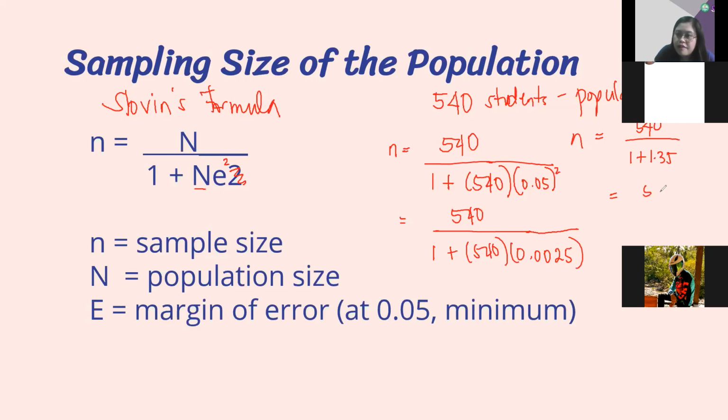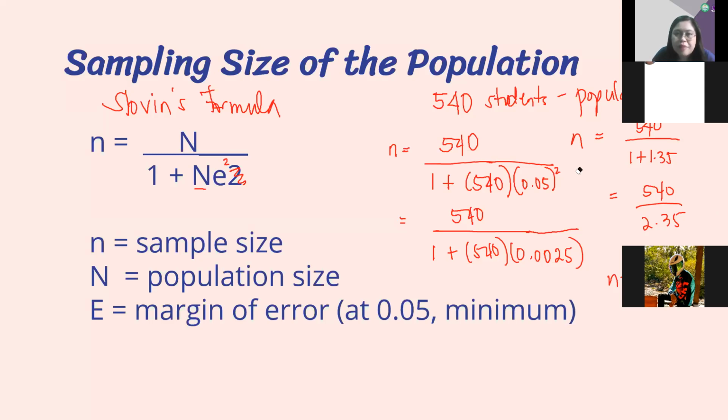Okay, so this is 540 divided by 2.35, and thus our N here, 540 divided by 2.35, is 229.7079.